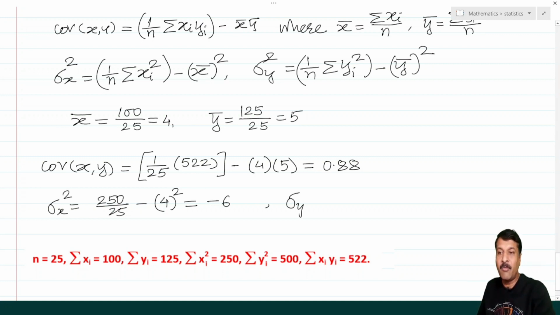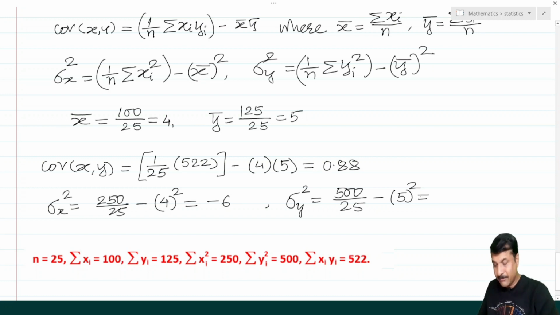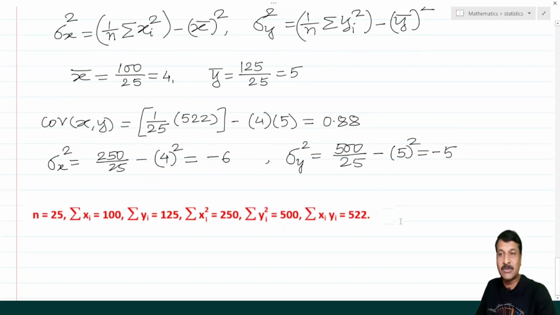And sigma y square equals summation of yi square upon n, meaning 500 divided by 25, minus y bar, 5 square. So I am getting minus. Note that if we take the square root directly, it is supposed to be under root of minus 6 and under root of minus 5. So in the formula be careful about such values.